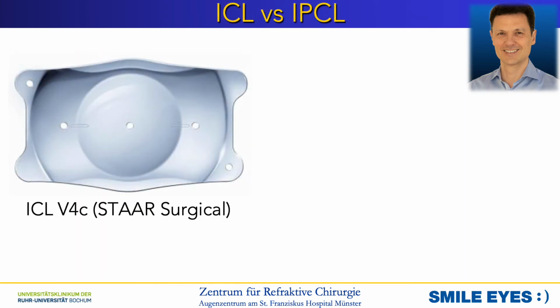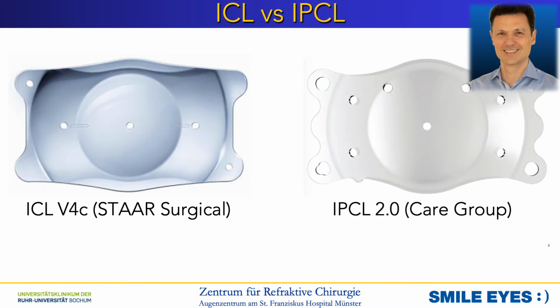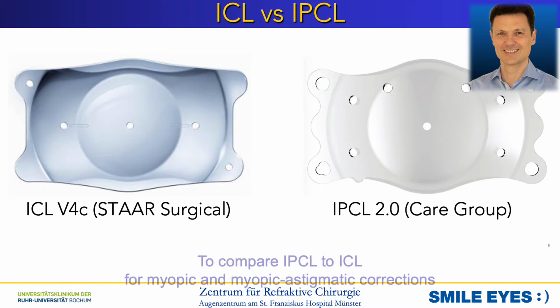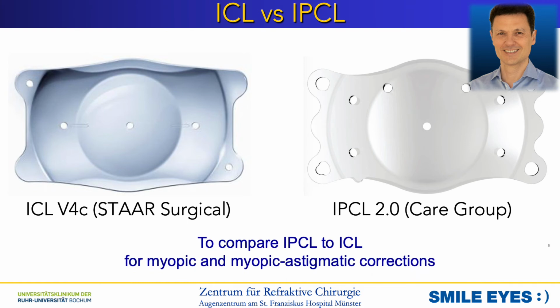So this is the ICL on the left hand side and this is the IPCL on the right hand side. We wanted to compare the latest versions of both phakic IOLs for myopic and myopic astigmatic correction.